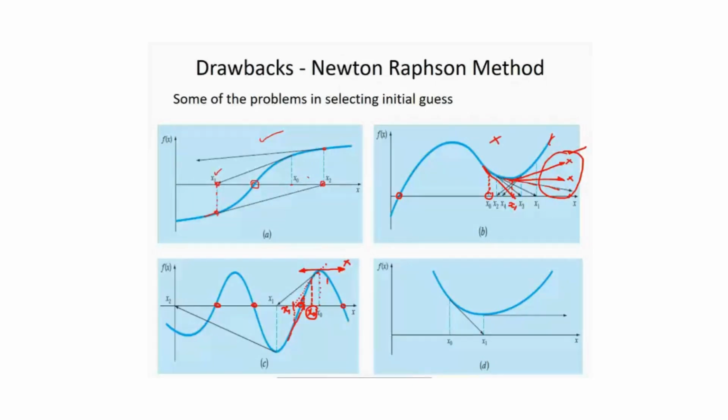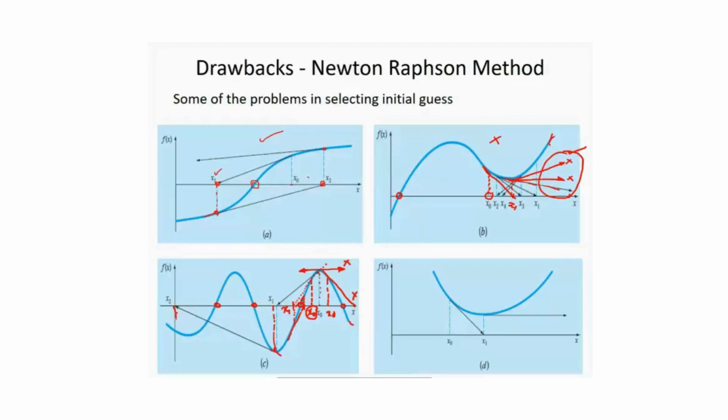But if you select x0 somewhere here, the tangent is like this, and here is the extension. Now you may or may not get the root in this case. Similarly, if you select here, it will move somewhere just adjacent to this vertical line. Say it is touching here, the tangent is like this, and from here we don't know the exact nature.